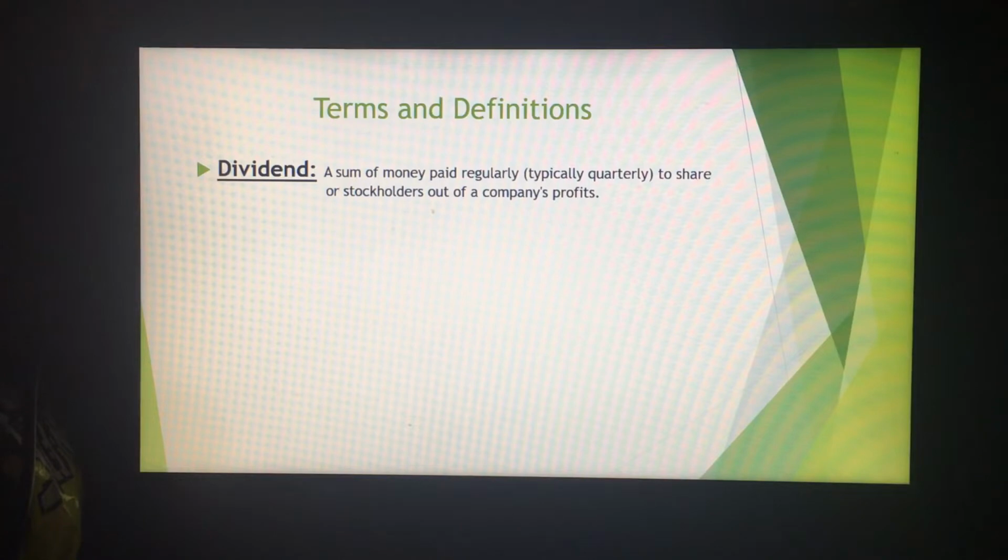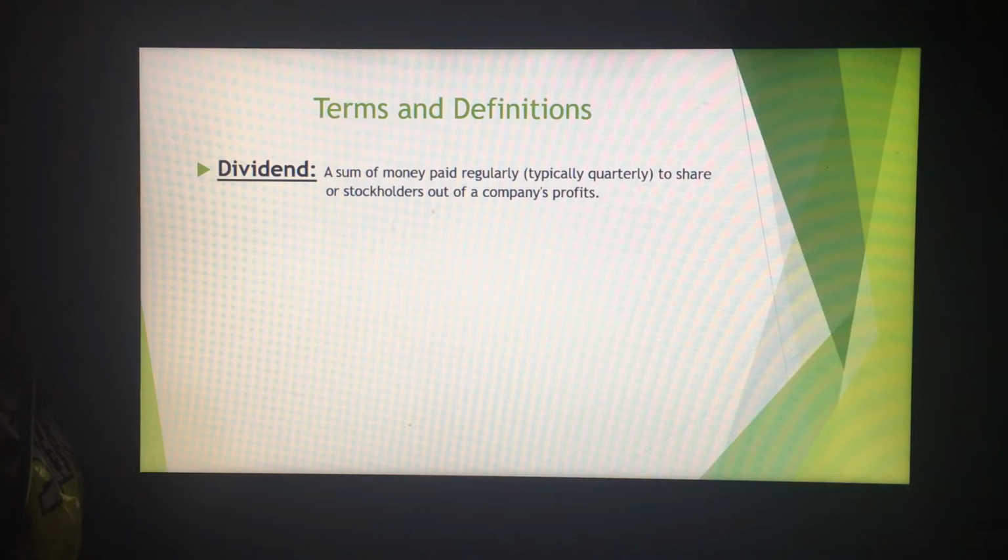A dividend: a sum of money paid regularly, typically quarterly, to shareholders or stockholders out of a company's profits. This is a very simplistic definition, one that I believe gets right to the chase. It is basically a division of a percentage of a company's profits, and it is paid to the shareholders or stockholders, which we found out in my last episode.